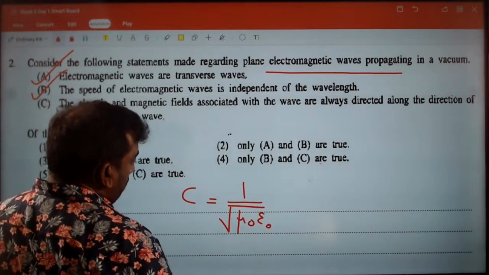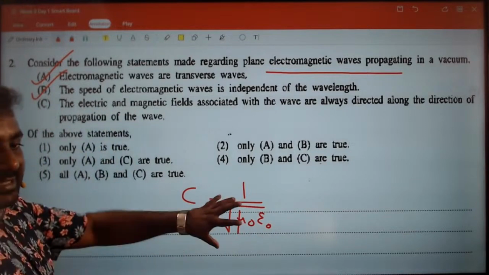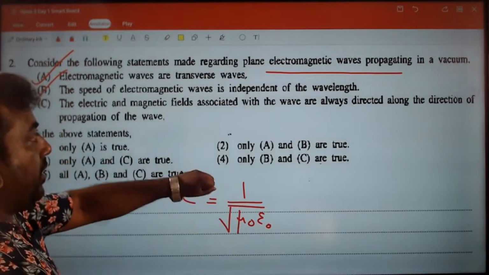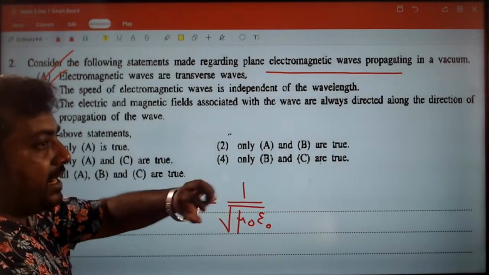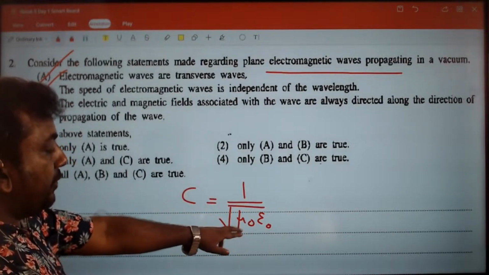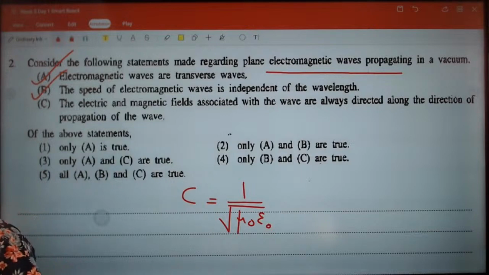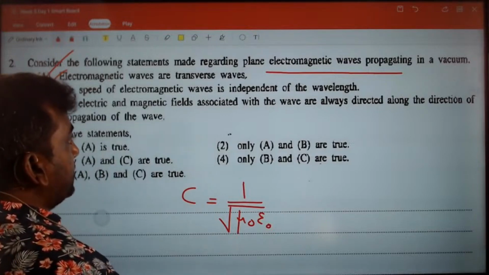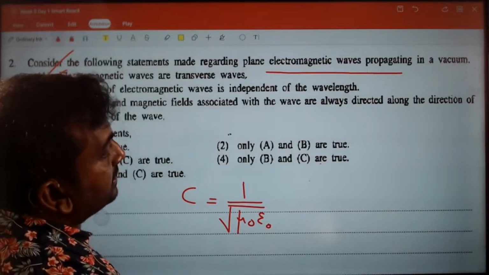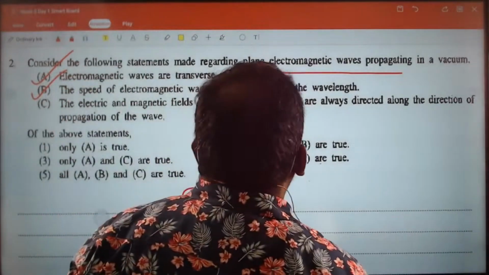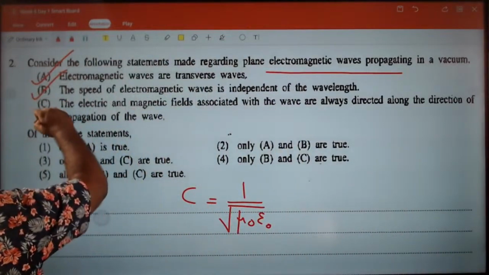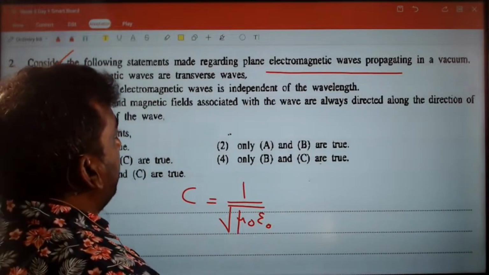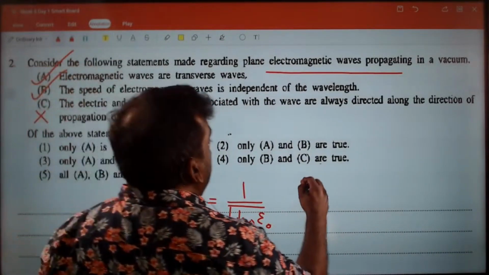It does not depend on other properties except the properties of mu naught and epsilon naught, the properties of magnetic field and electric field. The electric and magnetic fields associated with the wave are always directed along the direction of propagation of the wave. Wrong. Electric and magnetic fields are perpendicular to the direction of propagation.